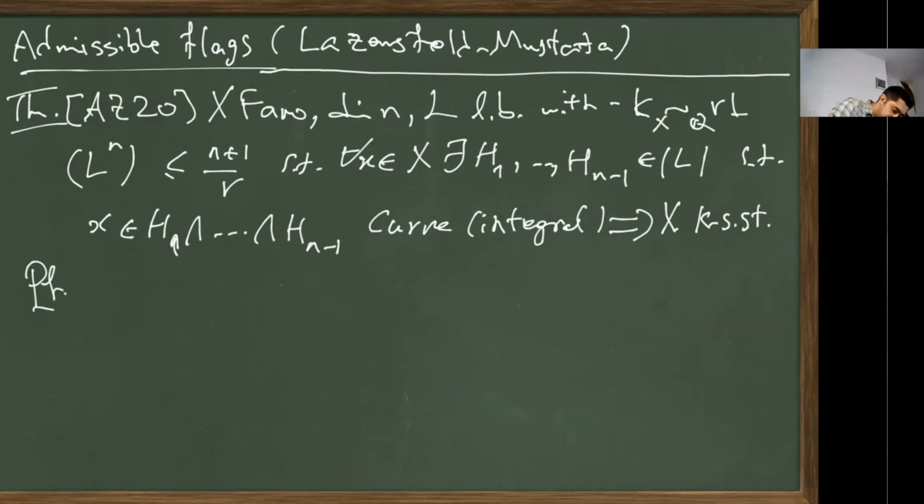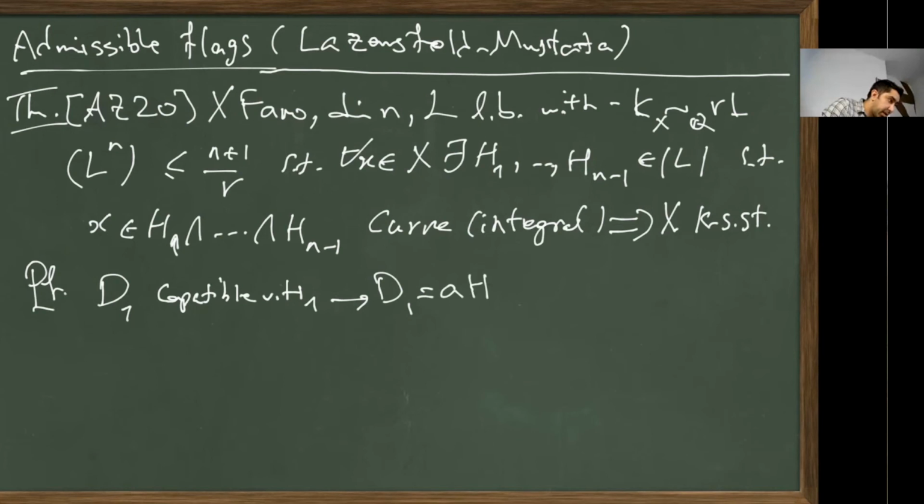Proof is kind of obvious, right? You take T_1 compatible with H_1, no question. So it's compatible with H_1, and then from this you write D_1 as a_1 H_1 plus gamma.